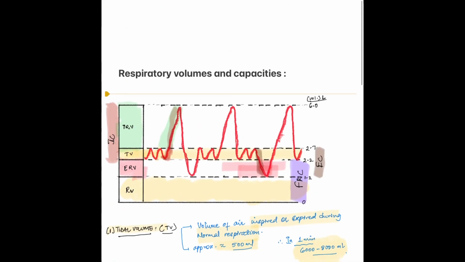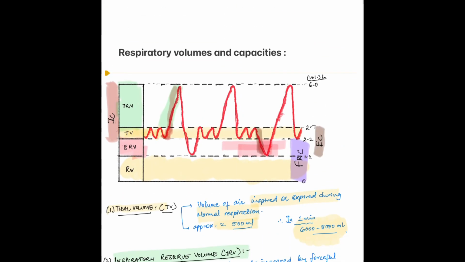Vital capacity is the maximum volume of air a person can breathe in after a forceful expiration, or the maximum volume of air a person can breathe out after a forceful inspiration. It includes inspiratory reserve volume, tidal volume, and expiratory reserve volume.